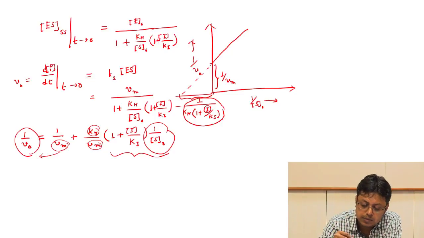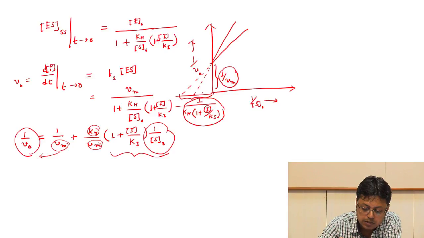So this intercept will be smaller. Suppose it comes here at a higher inhibitor concentration. However, 1 by Vm is unchanged, because it does not depend on inhibitor concentration. So the new line for an increased inhibitor concentration will be something like this, and if we keep on increasing the inhibitor concentration, it will look like this.